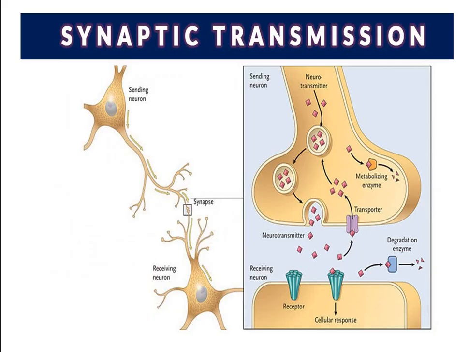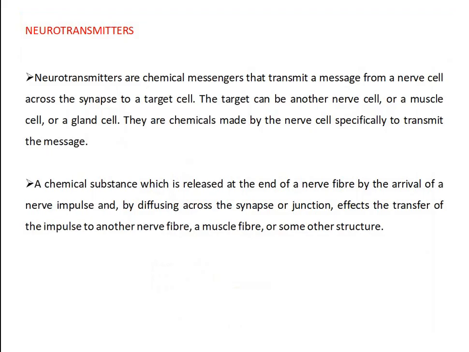So this picture shows the synaptic transmission from one neuron to another neuron. What is a neurotransmitter? The chemical messengers that transmit a message from your nerve cells across the synapse to the target cell. The target can be another nerve cell or muscle cell or gland cell.